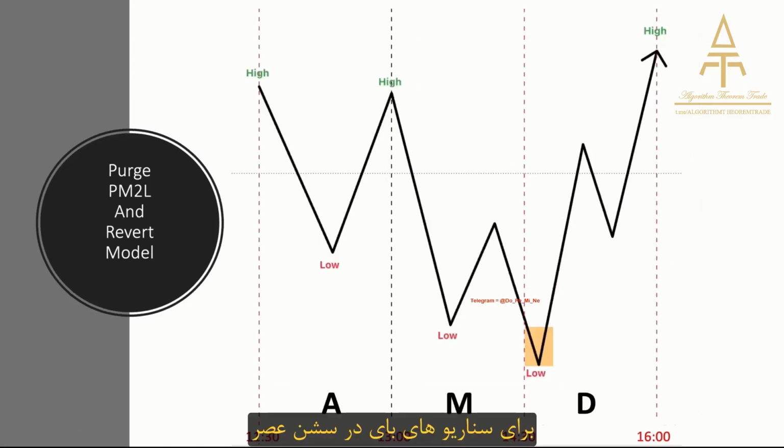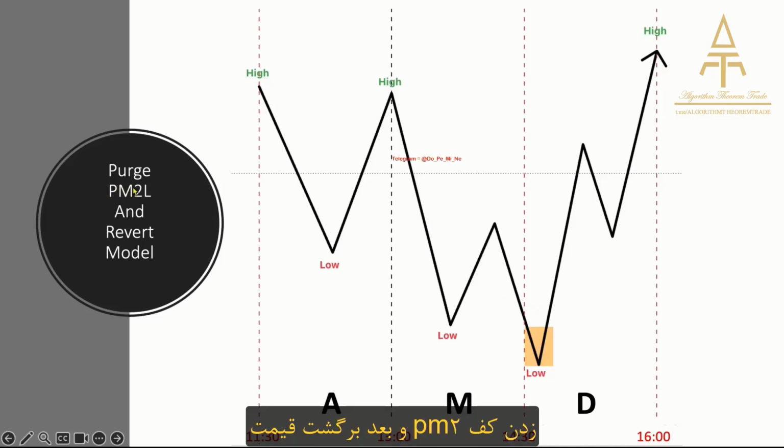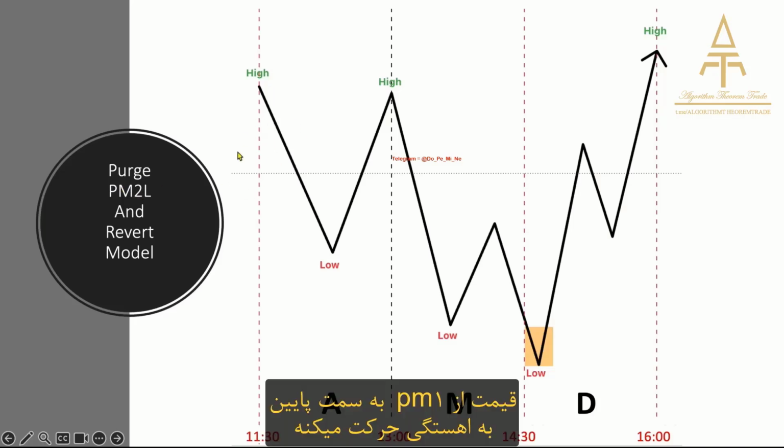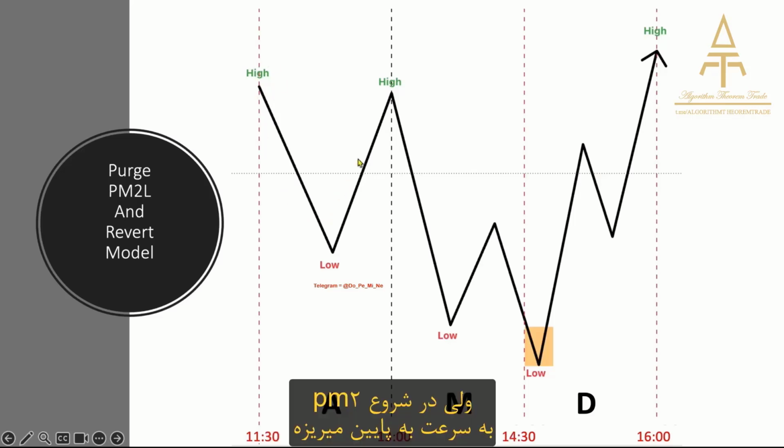For the long scenario during the PM session, we're going to take a look at a purge of the second PM cycle's low and revert model. This occurs when from the PM opening at 11:30 or during the lunch opening, the market is slowly trading lower than during the second 90-minute cycle's open, which occurs at 1 PM.